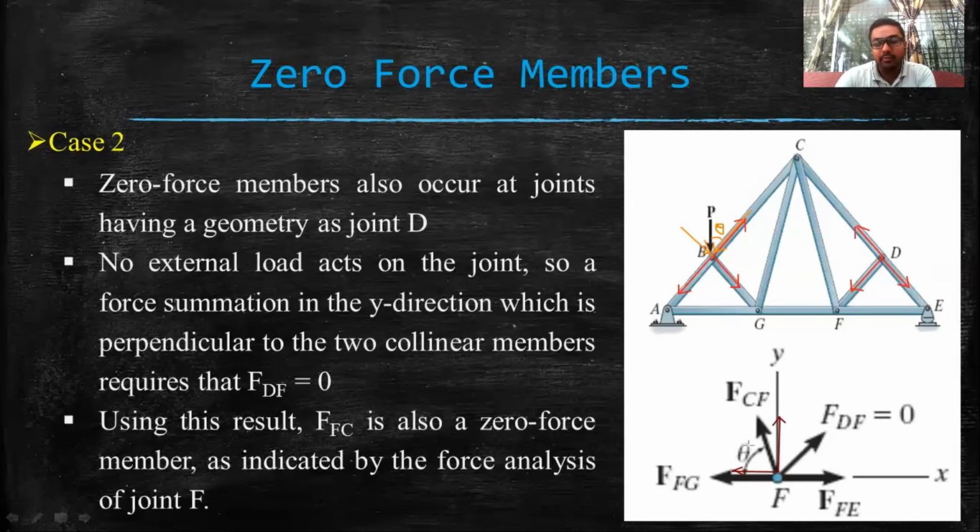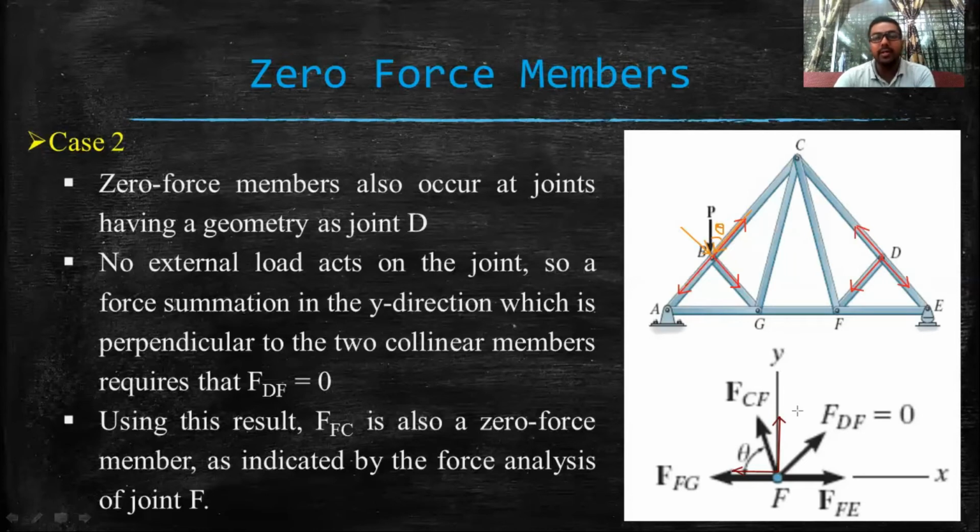As we have distributed this FCF force into two components, now we can see from the free body diagram, as FDF is 0, if we sum up all the vertical forces, we are left with only a single force, that is FCF sin theta, and there is no other force in the vertical direction.